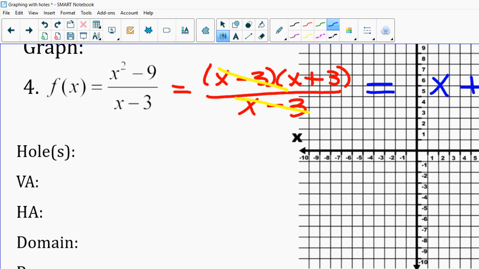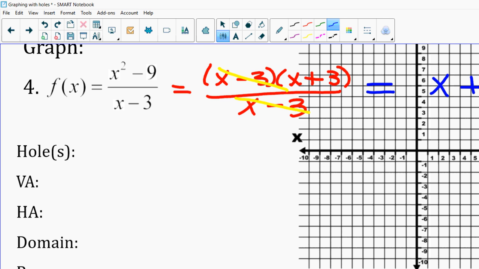That is similar to a problem we've already done, because y equals x plus 3 is a line. It's a line with a slope of 1 and a y-intercept of 3. It's just a what? That's right. There are no vertical and horizontal asymptotes.